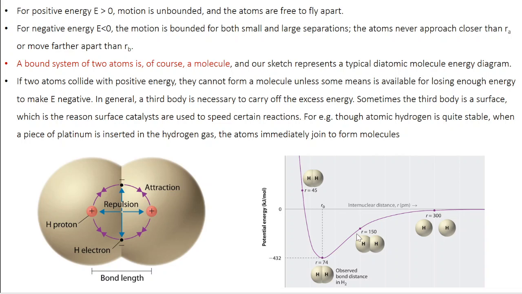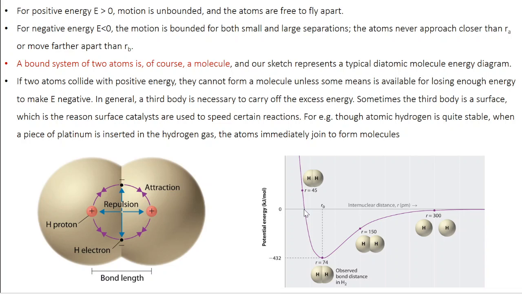Previously, because of attraction, you had a decreasing potential. Now this is going to get compensated by the increasing potential due to the repulsive force. So when you bring atoms closer and closer, the repulsive potential gains more and more strength. As a result, the potential energy is going to increase.